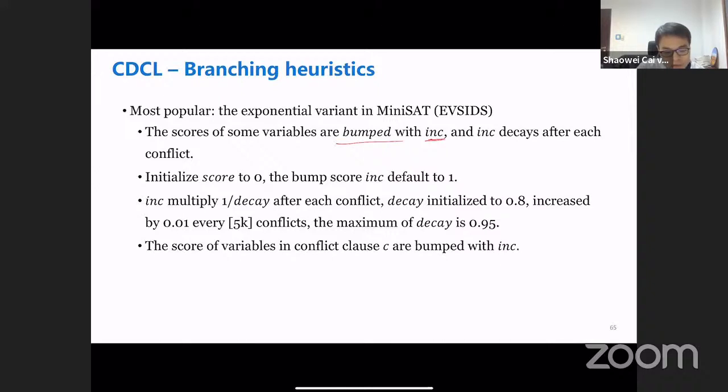In the beginning, all scores are initialized to 0, and the bump score defaults to 1. After each conflict, this increment is divided by the decay factor, which is 0.5.